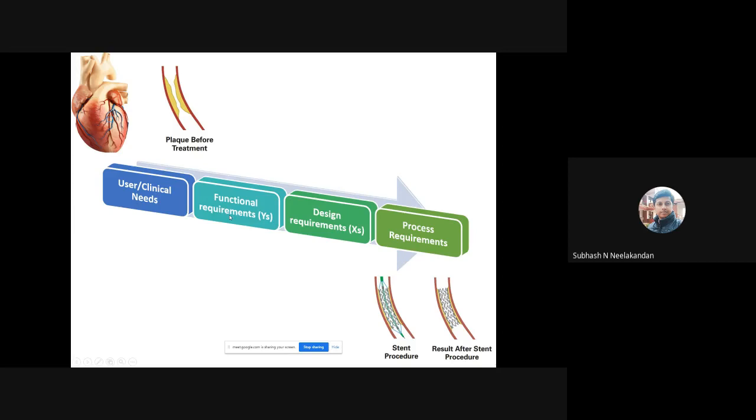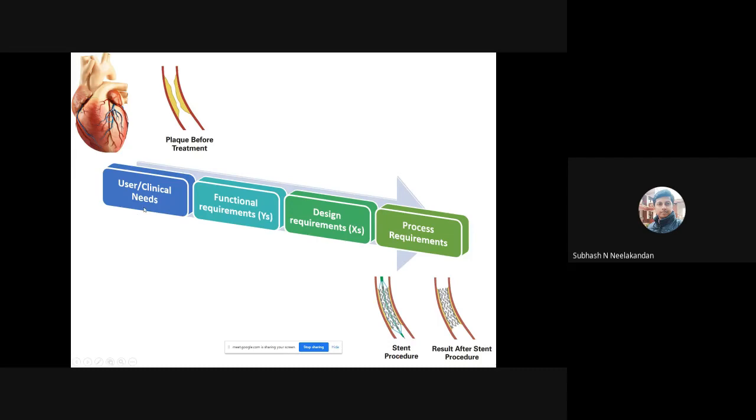Different industries may use different nomenclature, so sticking to the one which we follow, the functional requirements are noted in short form as capital Ys or big Y. From the functional requirements, it will be converted into design requirements, which are product specific, and in industry are called capital Xs. And finally, there will be a manufacturing process, and the process needs certain capabilities to meet our design. So this is called process requirement.